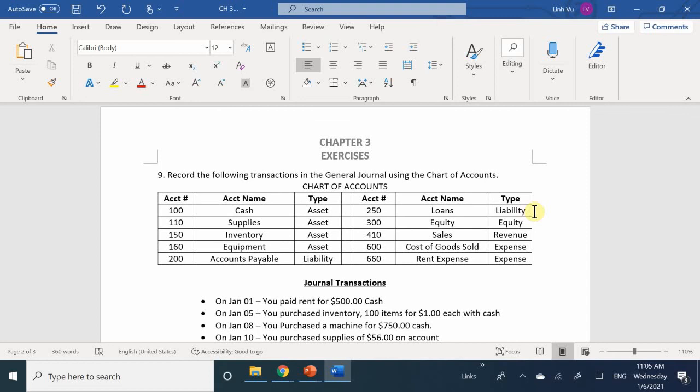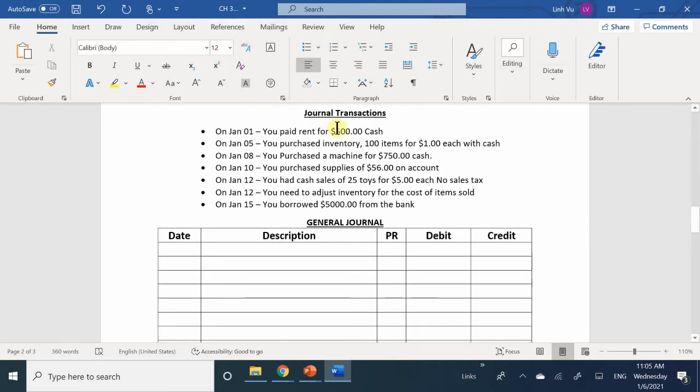Debit rent expense, good. Let me practice this. January 1st, you paid for rent expense, so you're going to debit your rent expense for 500. What is my equal and opposite entry in this case? We're going to credit cash, because we spent the money.